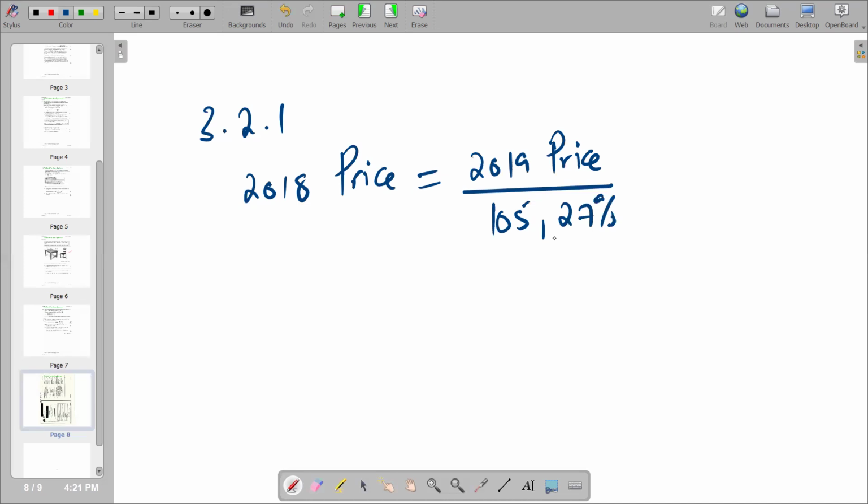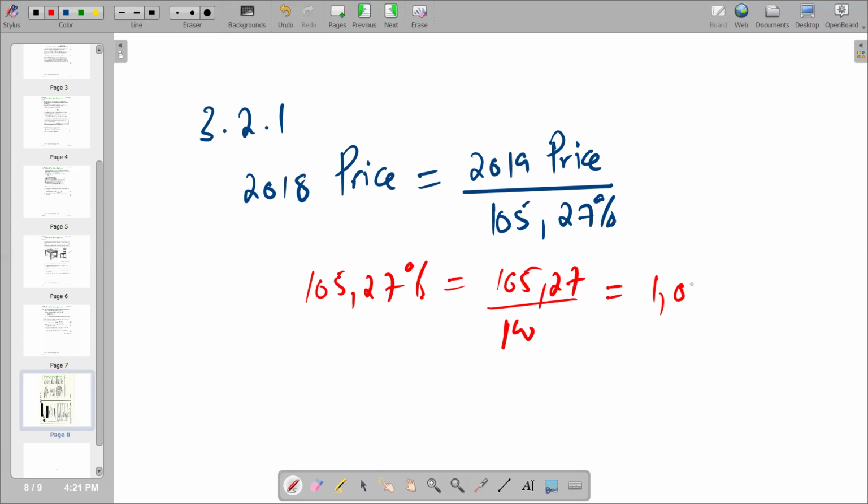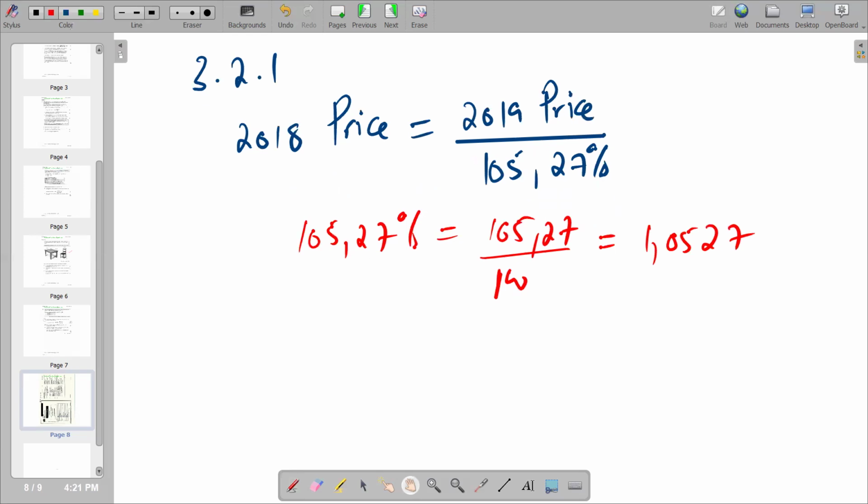In terms of this, our denominator we have to convert to a decimal. Remember, 105.27% is equal to 105.27 divided by 100. If you convert it, it becomes 1.0527.